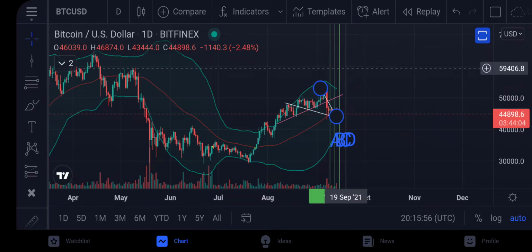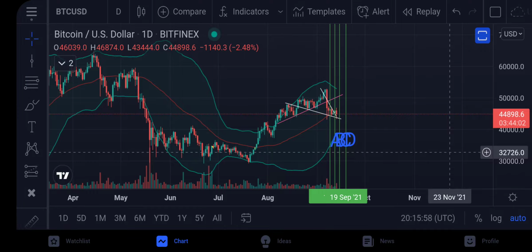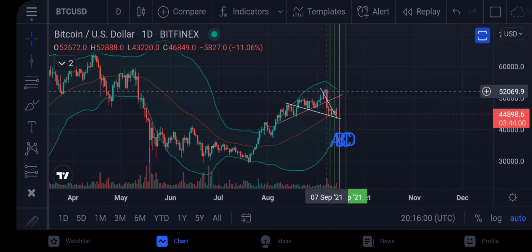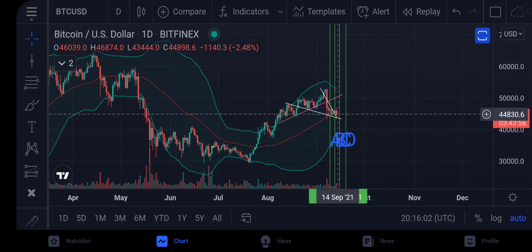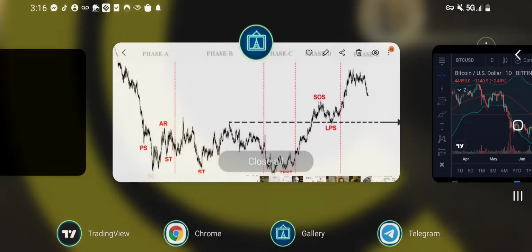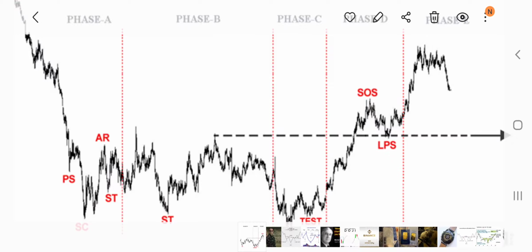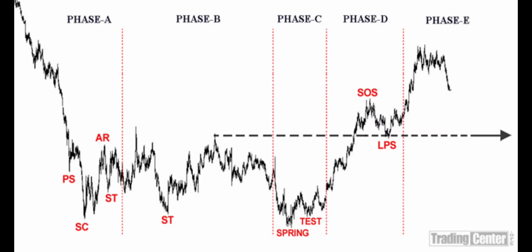All right, and look at the similarities when we drop. Okay, let's go back to the Wyckoff accumulation chart. Look at phase D. You see where it drops? Come on, tell me you don't see that. I'm just comparing the charts here.